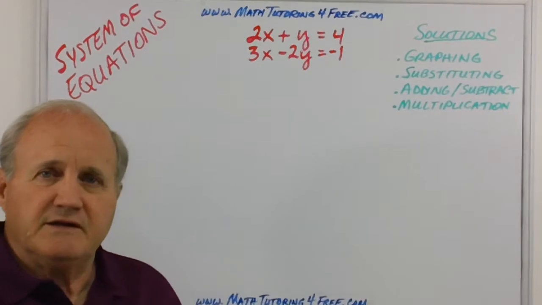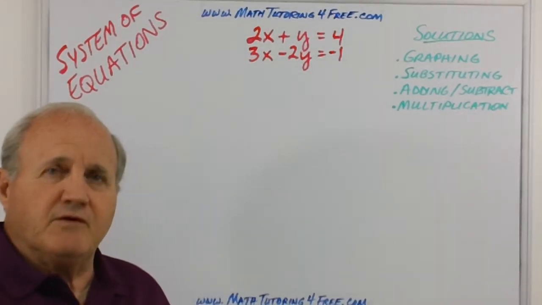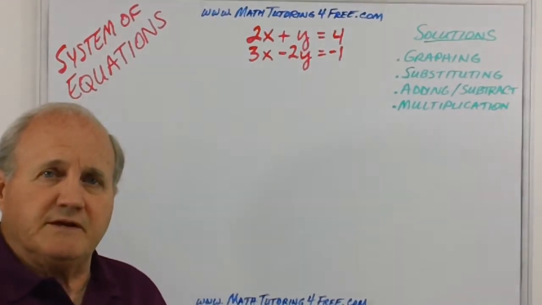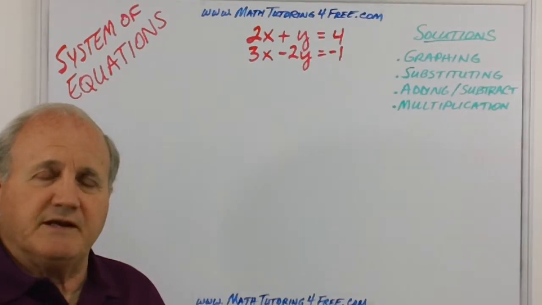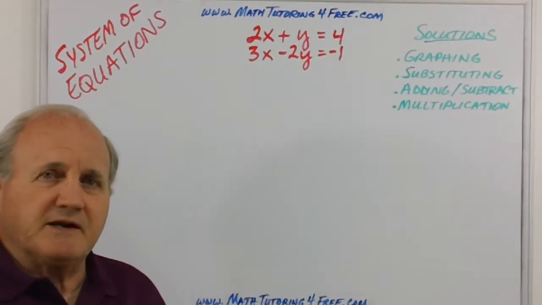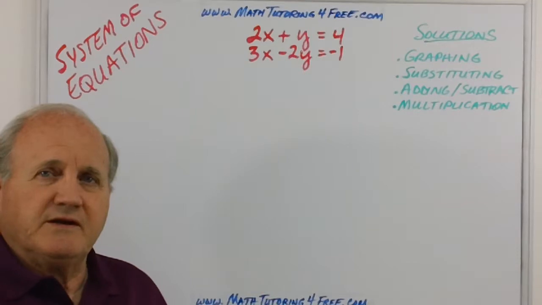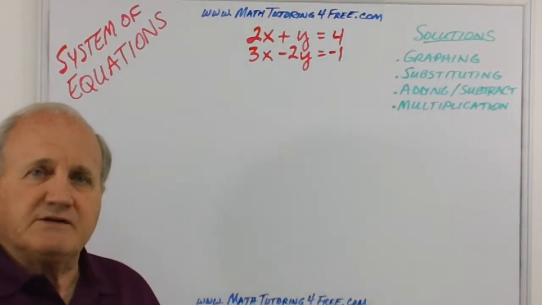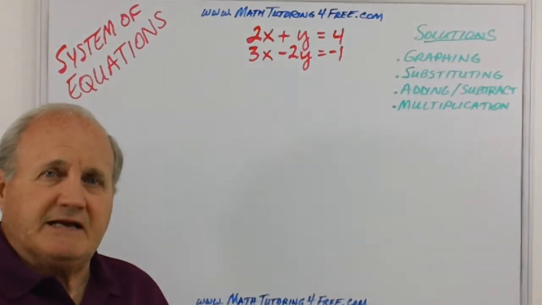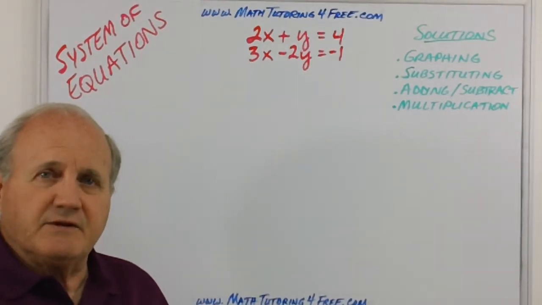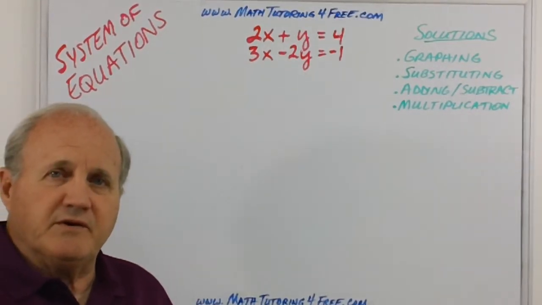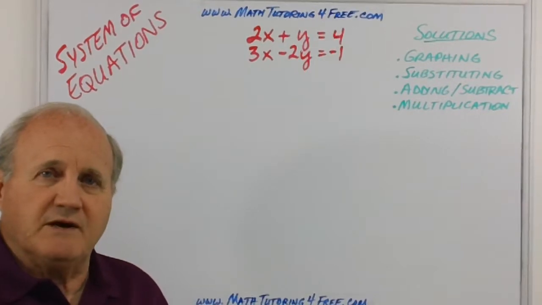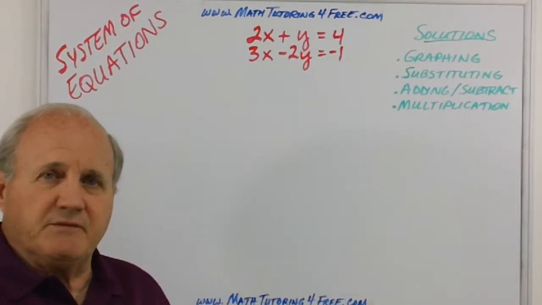One way to solve the equation would be to actually graph each line, put it into slope intercept form, and solve the equation. But I don't recommend that, only because the chance of the intersection point being on a grid, with a whole number for x and a whole number for y, is very remote.